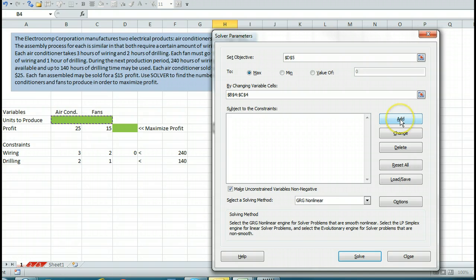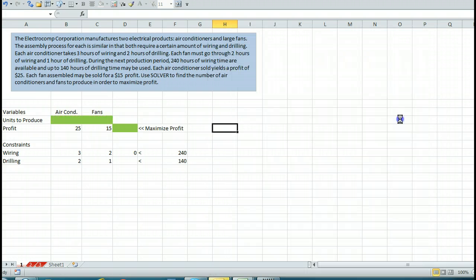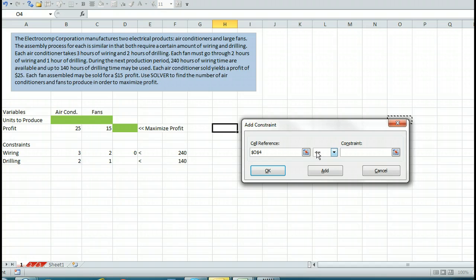Well, we have two constraints that we're working under, and they are the amount of wiring time and the amount of drilling time. These are the two constraints we're working under. So we need a cell reference for our constraints. Let's say this cell here, D8 in my case, is the cell that contains the total number of hours for wiring for the units produced.